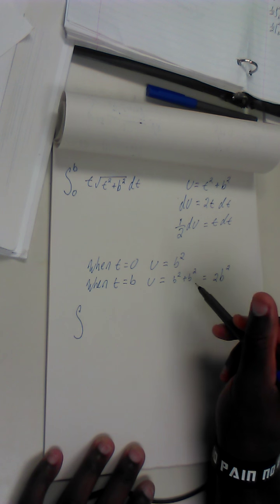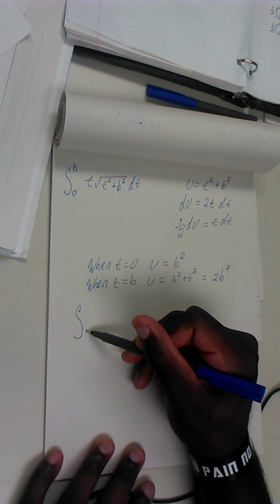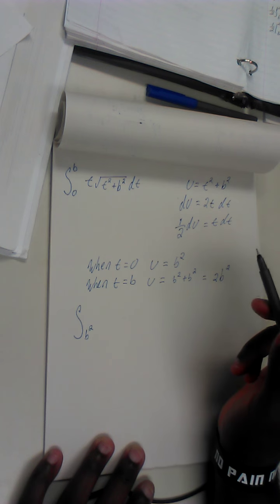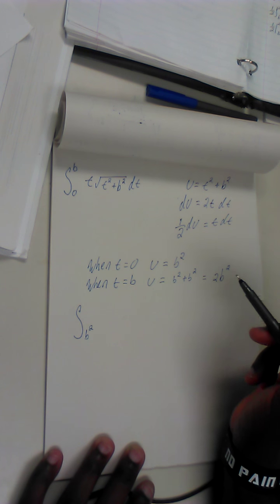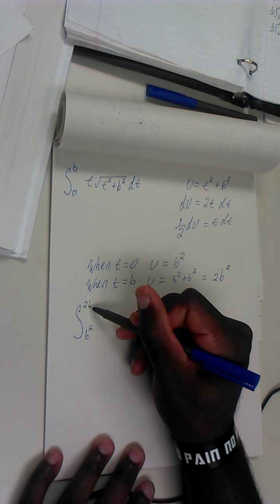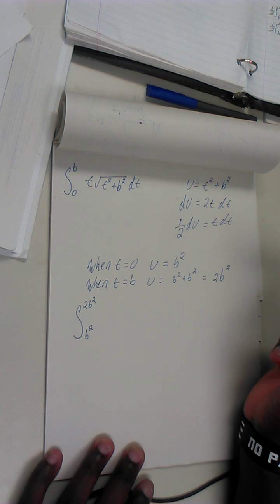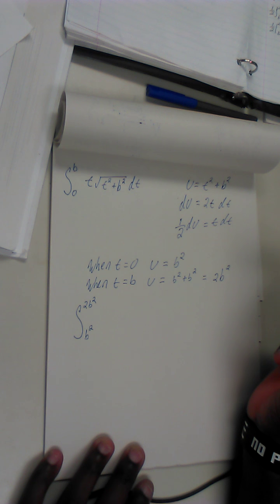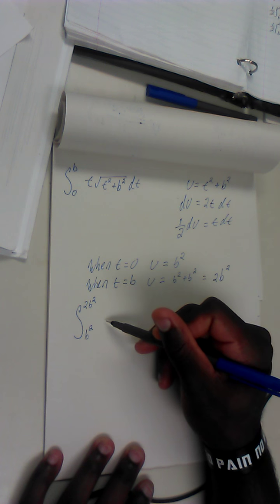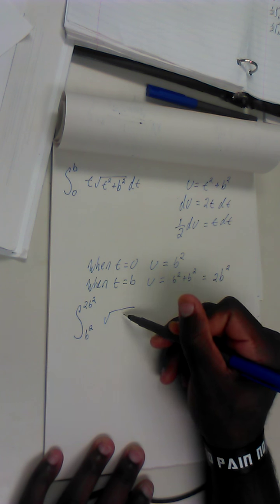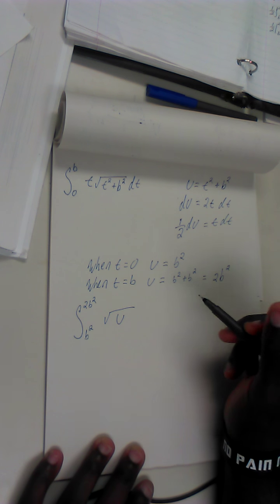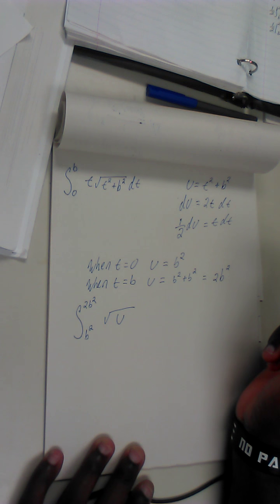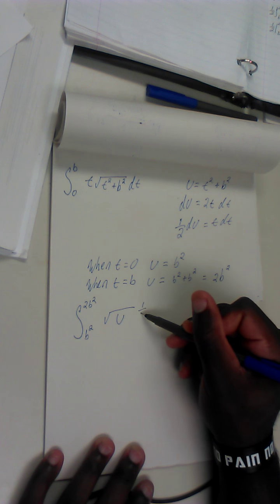When t equals 0, u equals b squared. And when t equals b, u equals 2b squared. So our limits are changed. And t squared plus b squared is equal to u, and t dt is equal to 1/2 du, right?